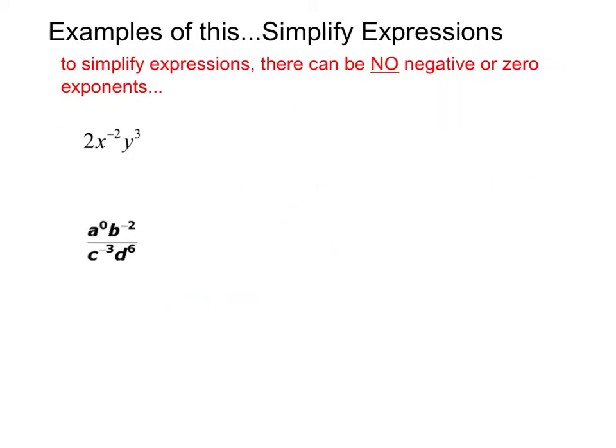Now the tricky part comes when we try to simplify these expressions. When we talked about simplifying expressions before, we either added like terms or anything like that. But now when we're talking about exponents, to simplify expressions, we can't have any negative or zero exponents. So we want to try to get rid of as many of those as we can.